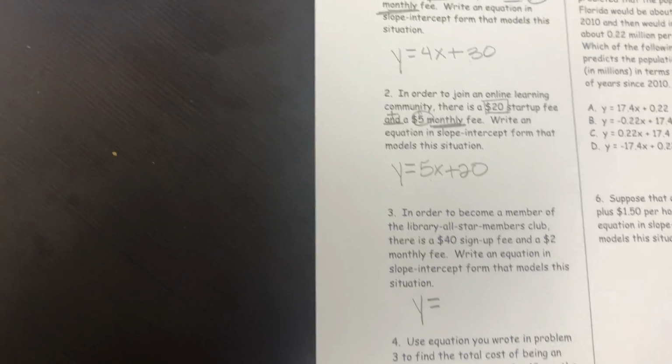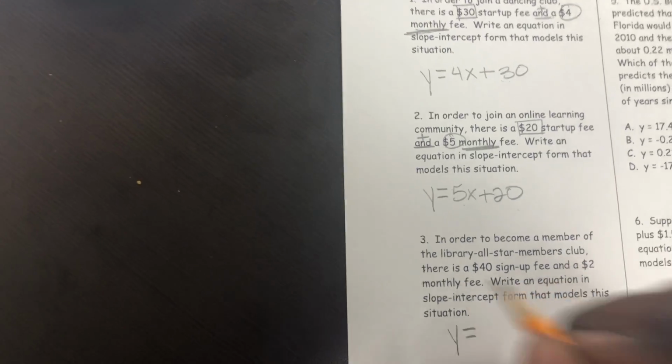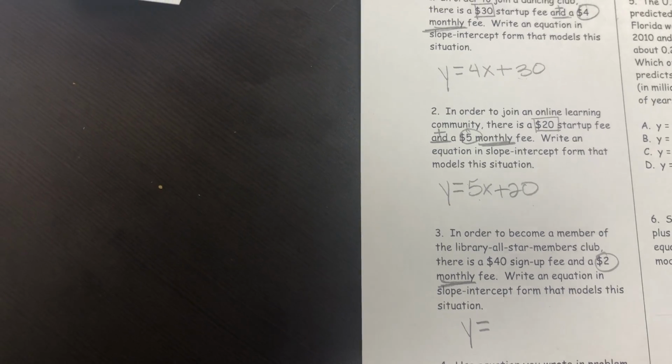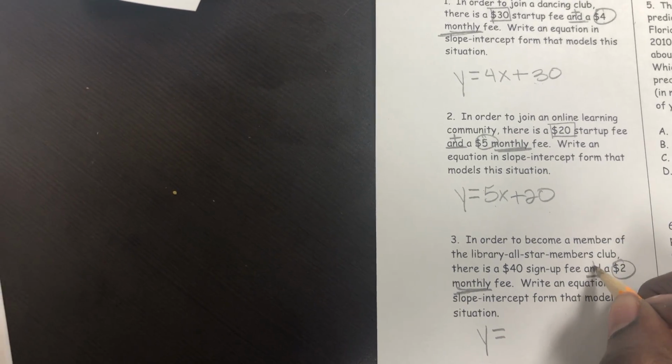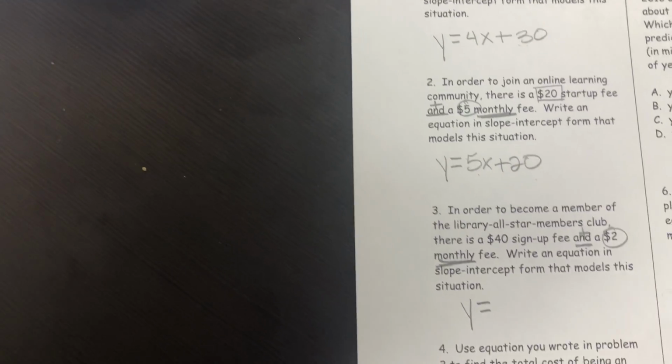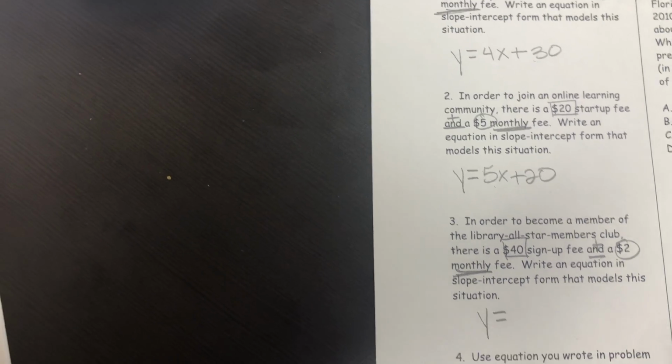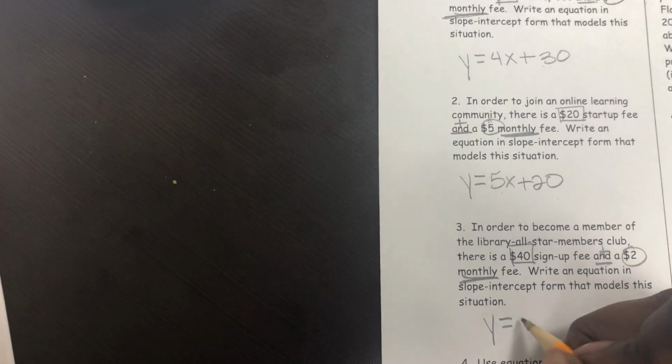And so at this point, the monthly fee right here lets you know that it needs to be circled. That word and, once again, is pretty much going to mean plus. And then that $40 sign-up fee didn't have any each or per or anything around it, so it's going to be boxed. So whenever we write it out, just 2x plus 40.